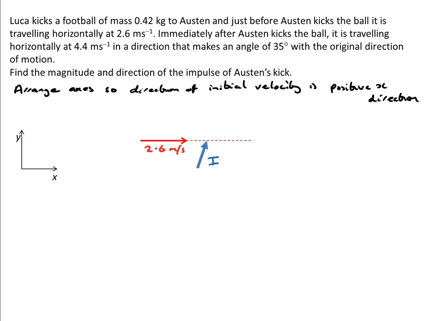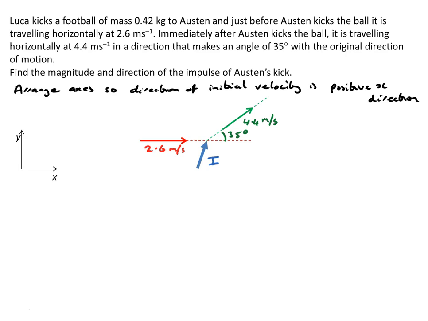So the ball has received a kick, an impulse from Austin, and after it has received that impulse, it is moving off with a speed of 4.4 meters per second at an angle of 35 degrees to the original direction. We can now express the initial velocity and the final velocity as vectors.